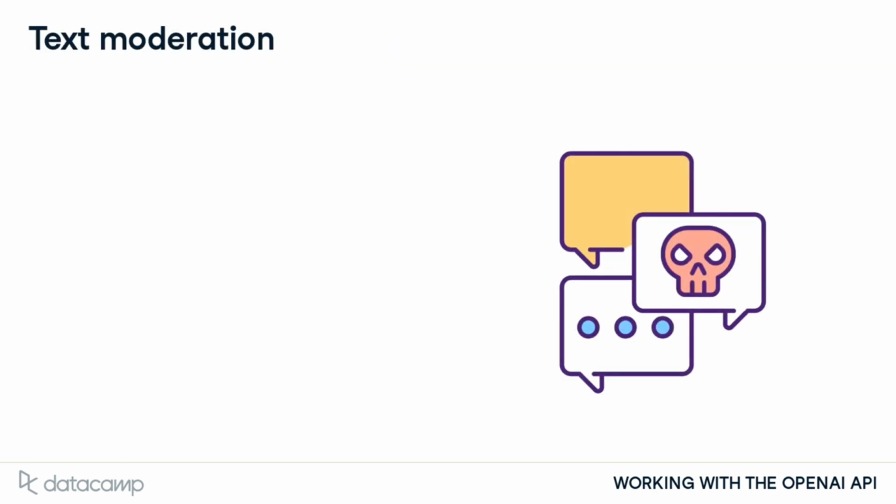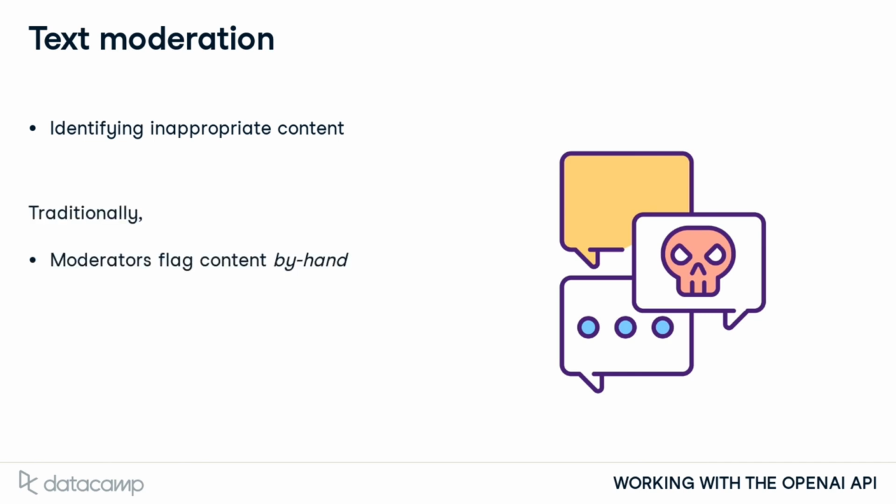Let's start with text moderation. Text moderation is the process of identifying text that is inappropriate for the context in which it is being used. In online communities like social networks and chat rooms, moderation is crucial to prevent the exchange of harmful and offensive content. Traditionally, this moderation was done by hand, where a team of moderators flagged the content that breached usage rules.